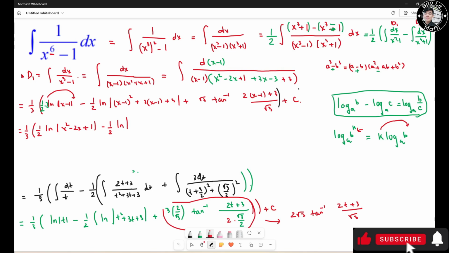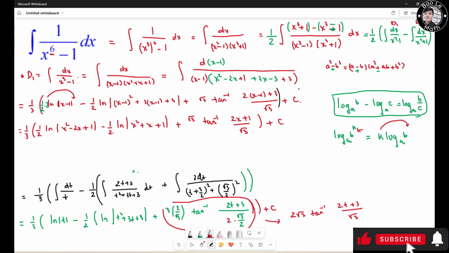So if we simplify this one, it turns out to be s squared plus s plus 1 absolute value, right? Plus root 3 tangent inverse of, simplify this one, so this guy turns out to be 2s plus 1 over root 3, altogether plus c, right?